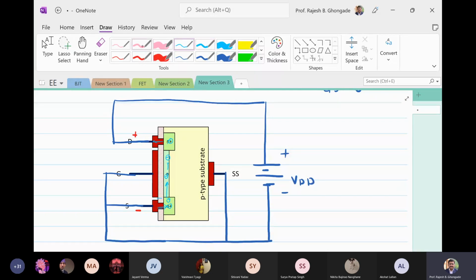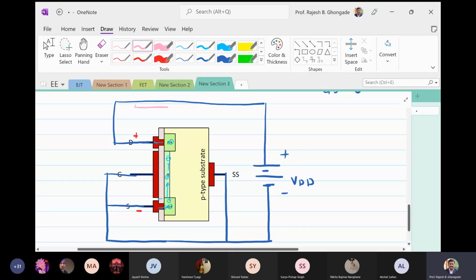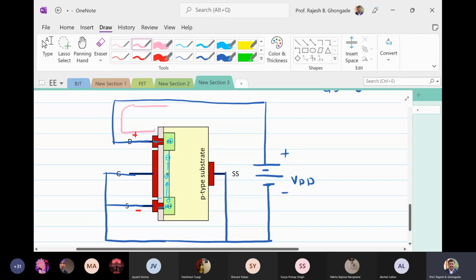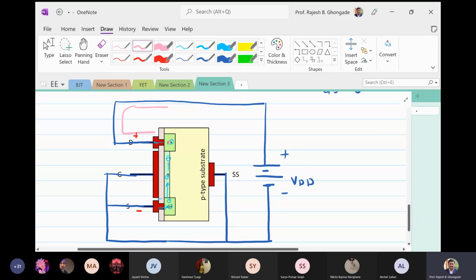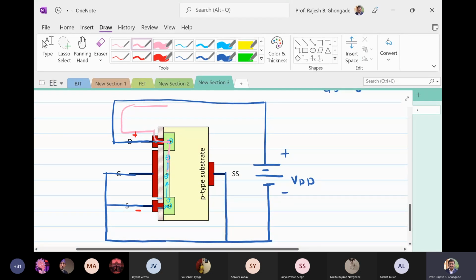That is your conventional current flow. It will be like this. So your conventional current flow will be like this. ये हो गया conventional current flow का direction.